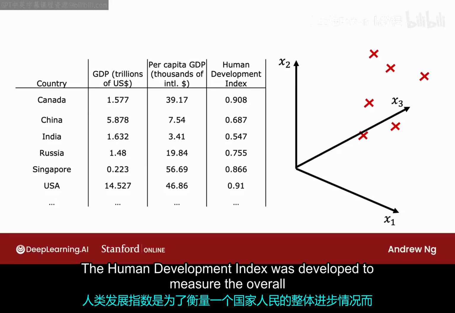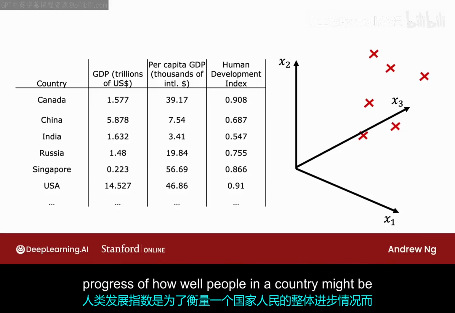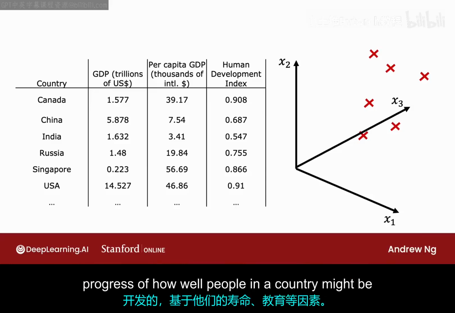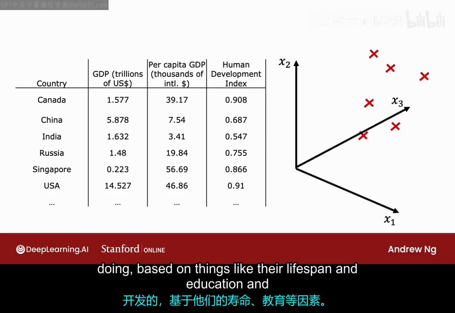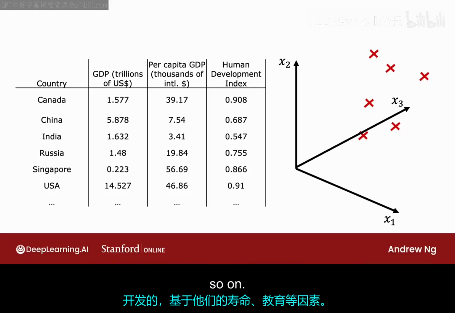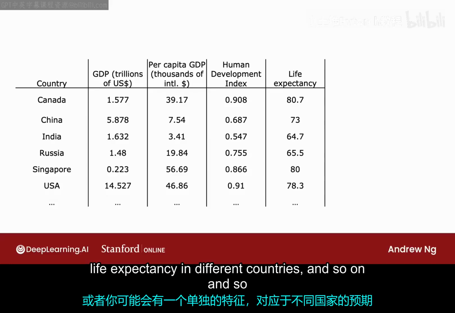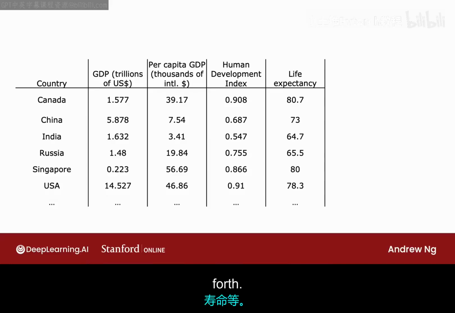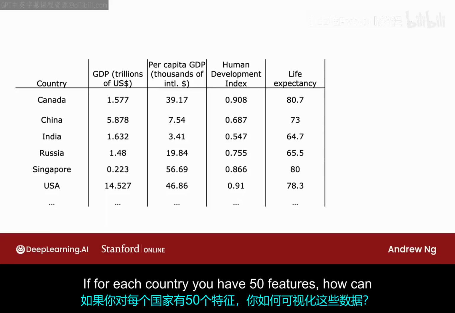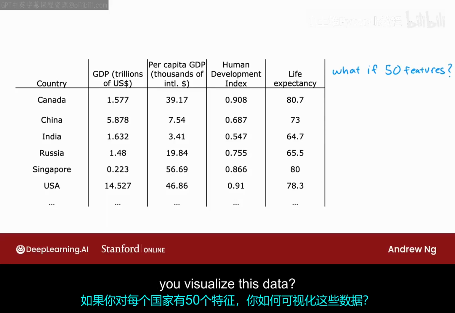The Human Development Index was developed to measure the overall progress of how well people in a country might be doing, based on things like lifespan and education and so on. Or you might separately have a feature corresponding to the life expectancy in different countries, and so on and so forth. If for each country you have 50 features, how can you visualize this data?